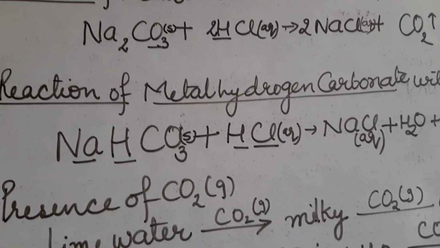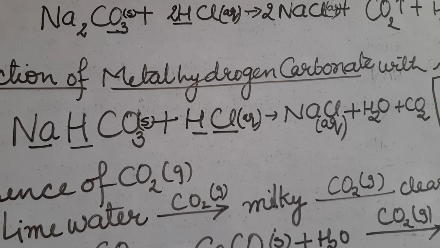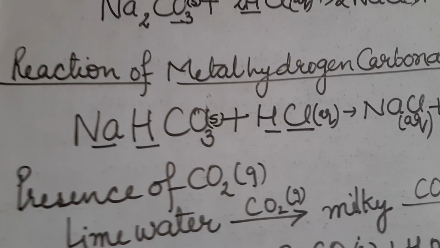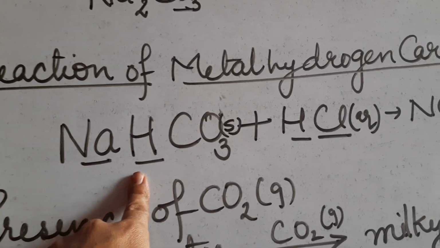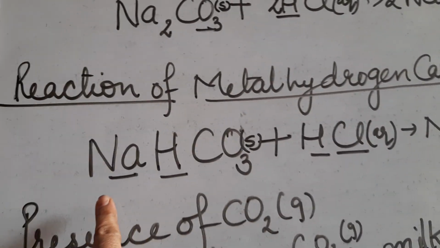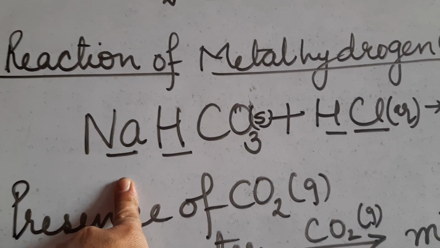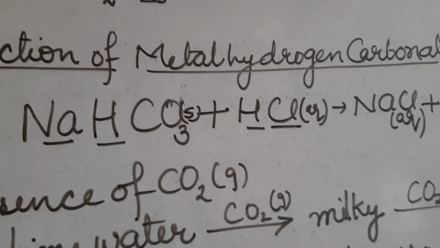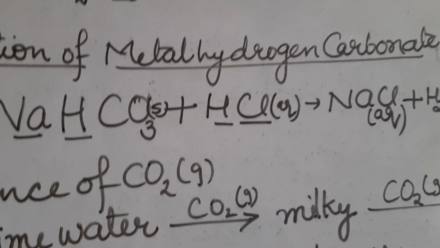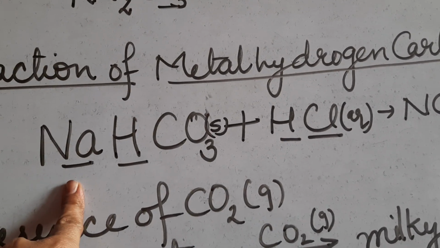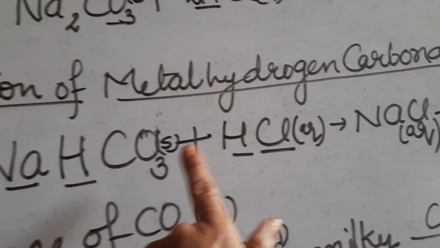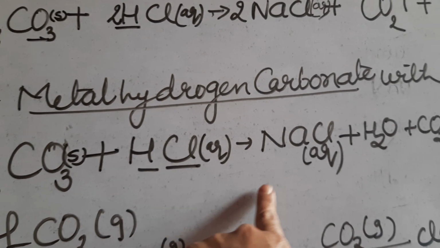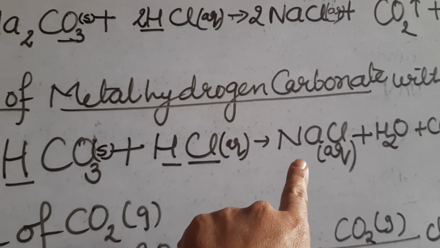Next is the reaction of metal hydrogen carbonate. This is sodium hydrogen carbonate, called meetha soda. When we add hydrochloric acid, again the metal and chloride ion combine to give salt, which dissolves in water.